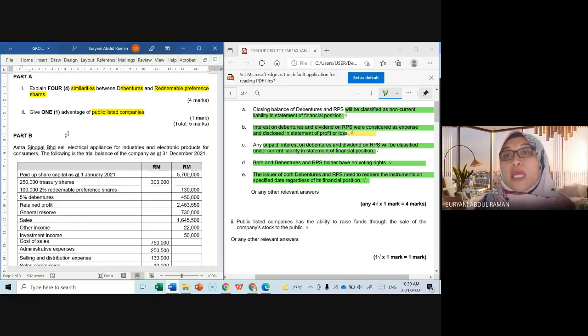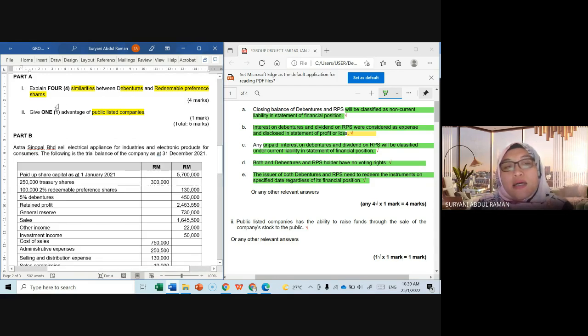They can reach many potential investors compared to other companies. A Sendirian Berhad can only sell its shares to family members and relatives. A public company that is not listed has a smaller market compared to a public listed one, because for a public listed company, everyone will know since it is listed on Bursa Malaysia. So they have a greater advantage.